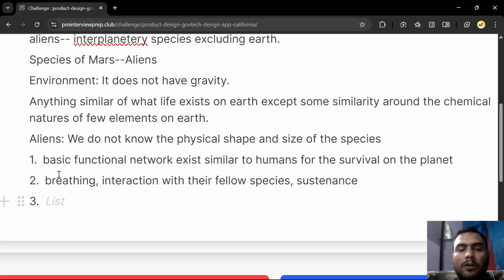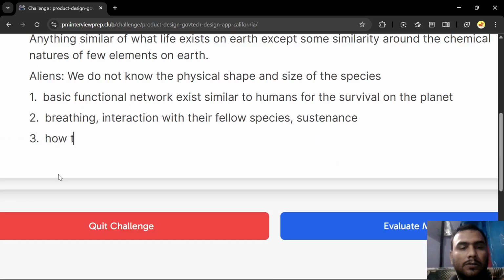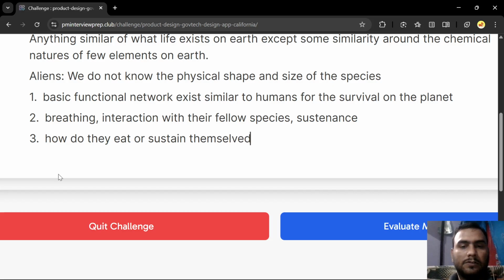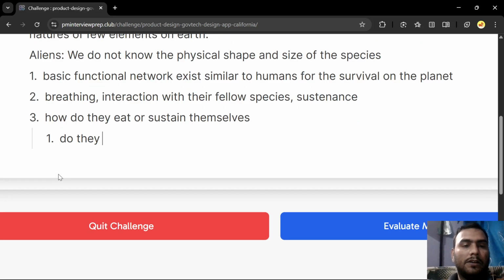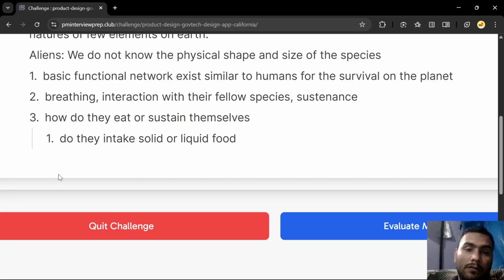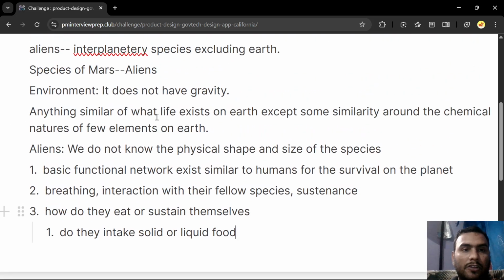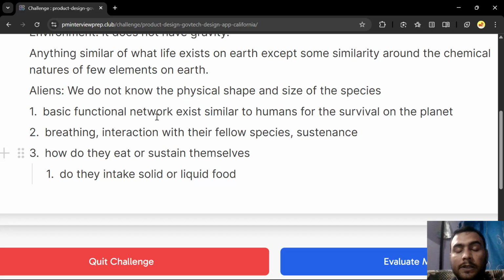how do the users sustain themselves, how do they eat? Do they intake solid or liquid food? Because that will make the design of our lunchbox a little different depending on what kind of food they intake.